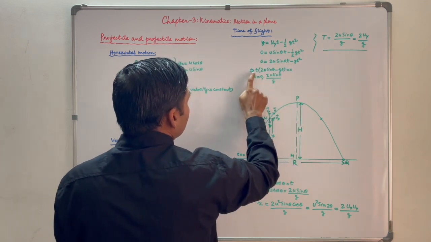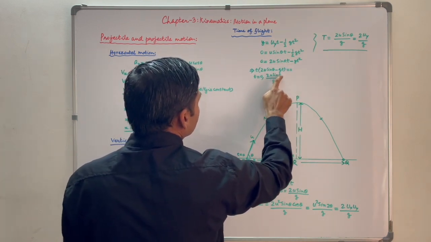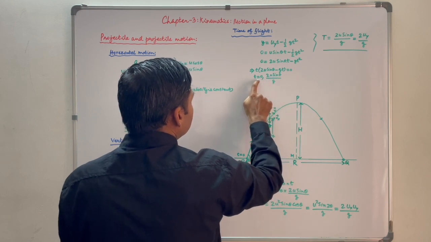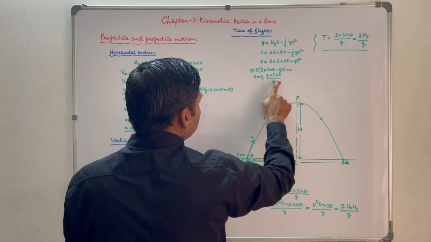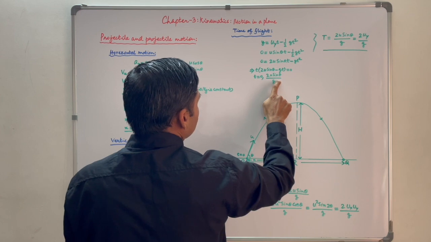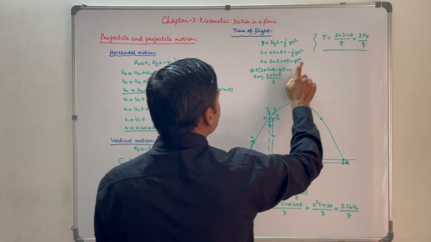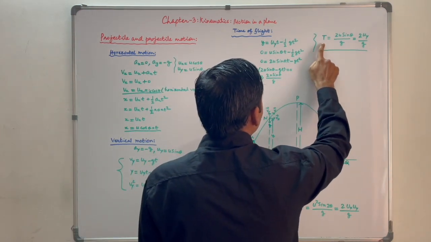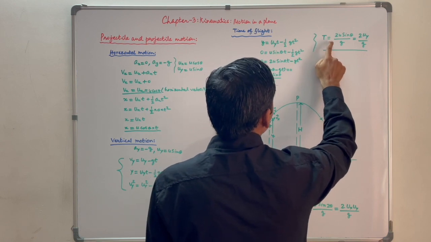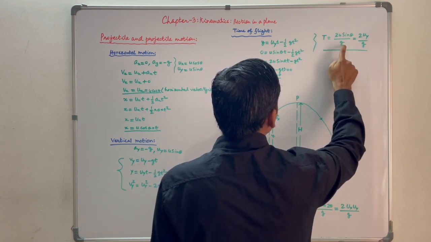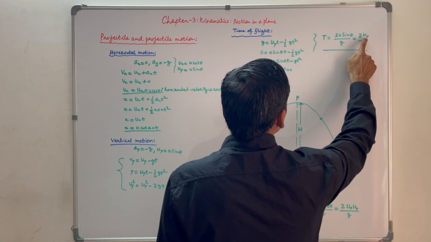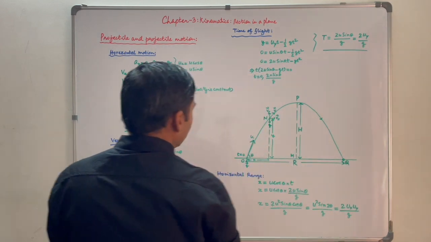So values of t are 0 and 2u sin theta upon g. 0 is not possible, so we will take t is equal to 2u sin theta upon g. Usually time of flight is denoted by capital T. So capital T is equal to 2u sin theta upon g, or is equal to 2uy upon g.